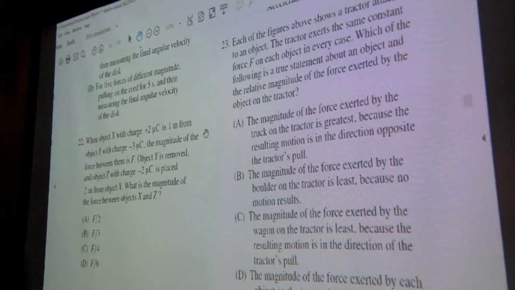I've only read the answer A so far, but that looks pretty right. I think it's A. It's C. The question is asking which of the following is a true statement about the object and the relative magnitude of the force exerted by the object on the tractor.